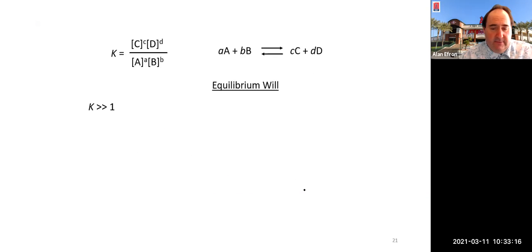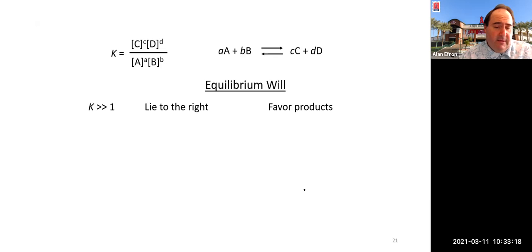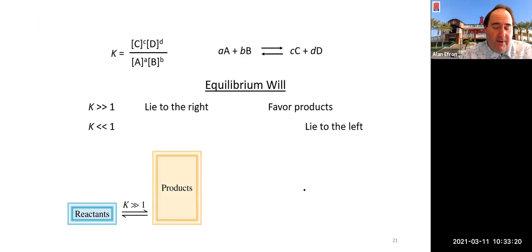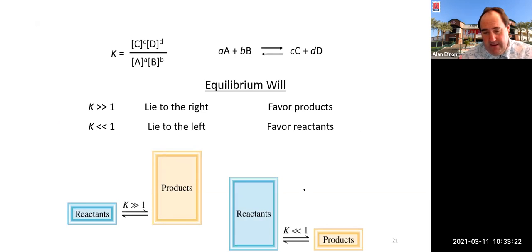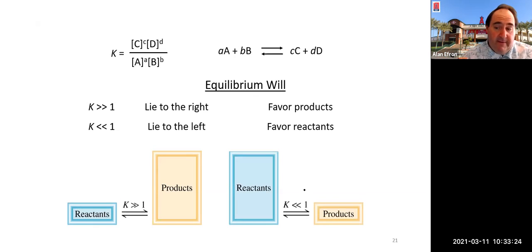And that's essentially what we see here. Sometimes a good question is, what is considered a large value or a small value? What we consider a large value for equilibrium is anything above 1. Anything less than 1 is considered a small value.